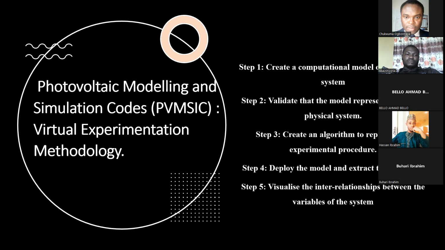You can hold some variables constant while you allow others to vary. Once you deploy it under that condition, you can then extract some variables from the modeling and visualize them through plotting graphs, and also compare variables with variables, depending on what you want to find out.